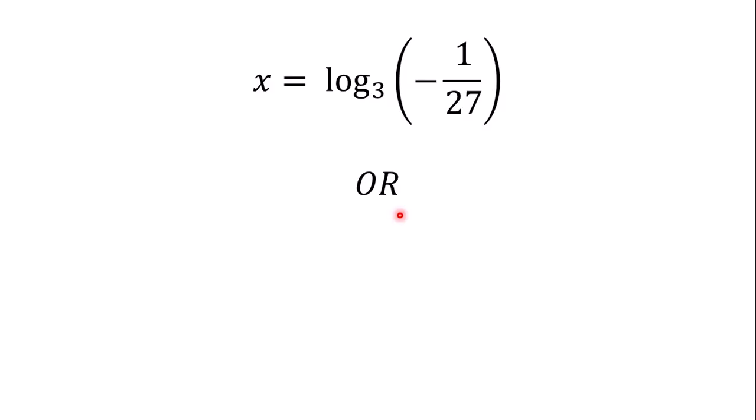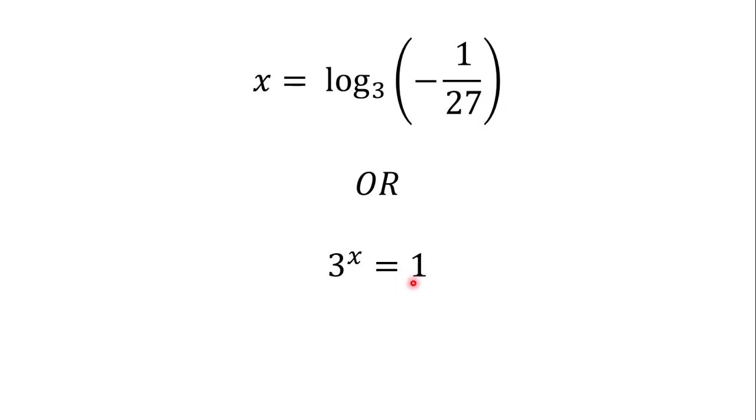3 raised to the power minus 1, so 3 raised to the power x is equal to 1. Here we can apply indices to find the value of x. Why?